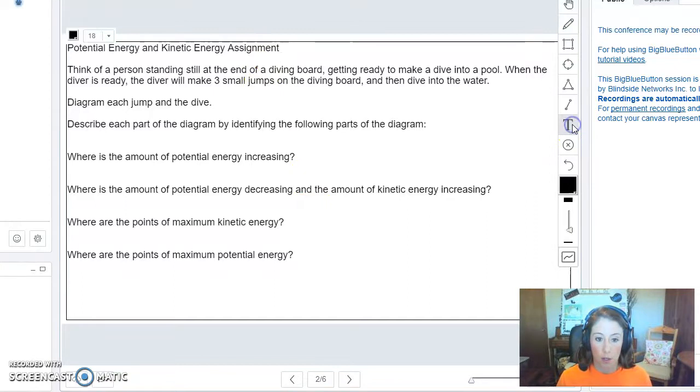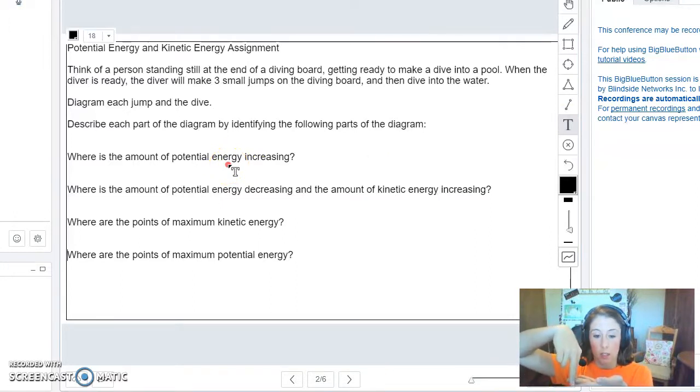All right, so we said our diver, 3 jumps, 1, 2, 3, and they're going to make their descent into the water. Potential energy, the possibility for energy. So they're on the diving board, they're not moving, they have the possibility for energy. At any point when they're moving, they have kinetic energy. However, let's look at the parts here. It says, where is the amount of potential energy increasing?